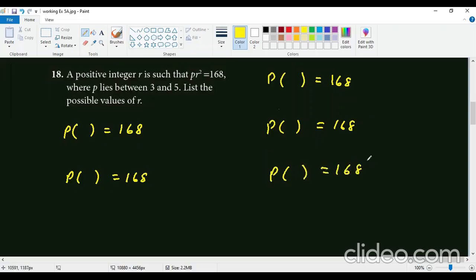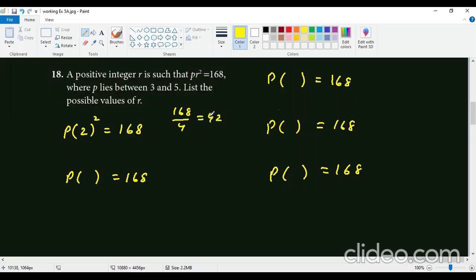Now, for example, if I use 1 here, 1 square is going to give us 1, so I'm not going to use that. Now let's start with 2. 2 square is 4, and 168 divided by 4 is going to give us 42, which we don't want.